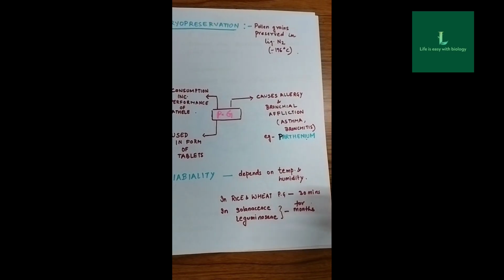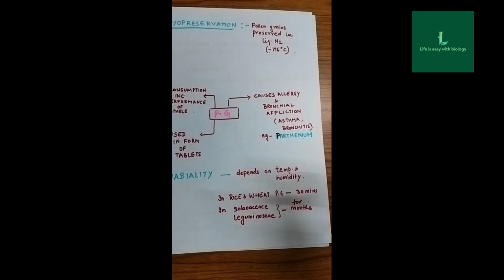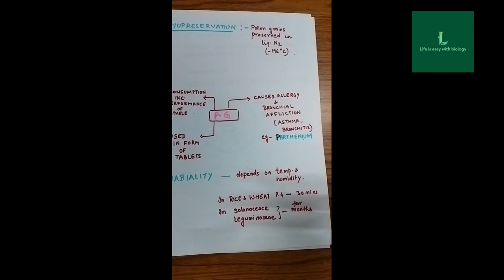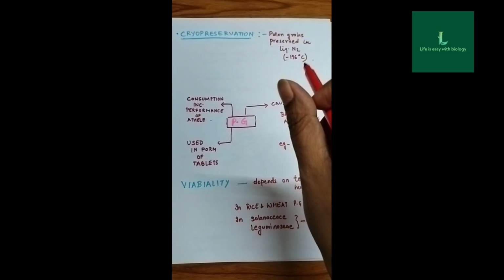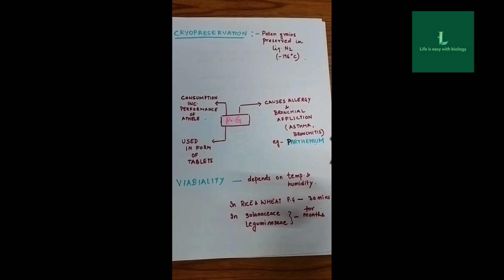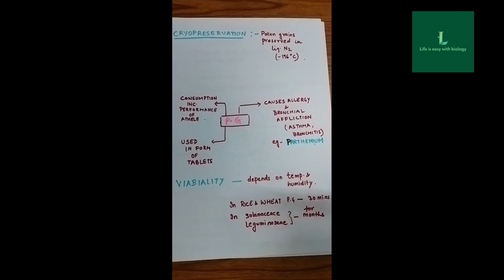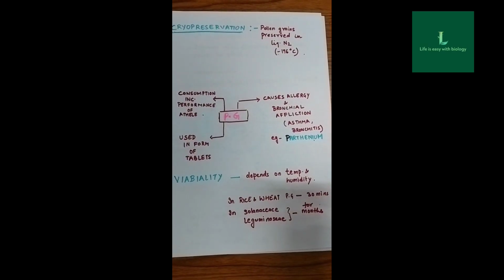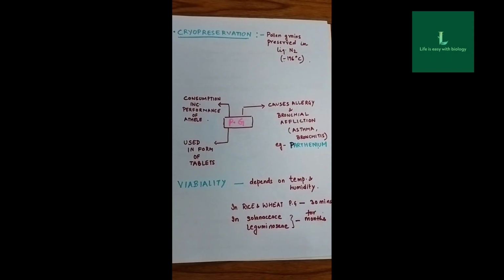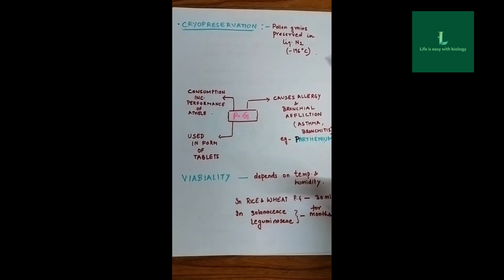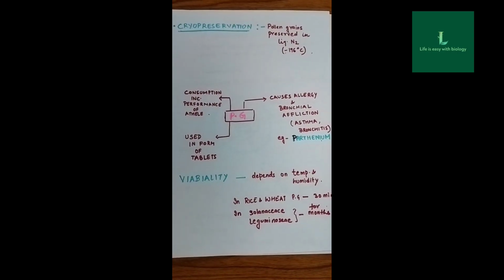Now, pollen grains are preserved for future use. These are preserved by the process of cryopreservation. Cryopreservation is the process by which pollen grains are preserved in liquid nitrogen at a temperature of -196 degrees Celsius. This is a very low temperature at which the pollen grains are preserved, so that healthy pollen is available in the future and a healthy plant can be obtained.